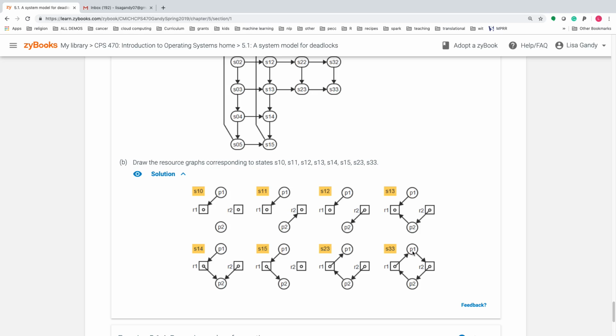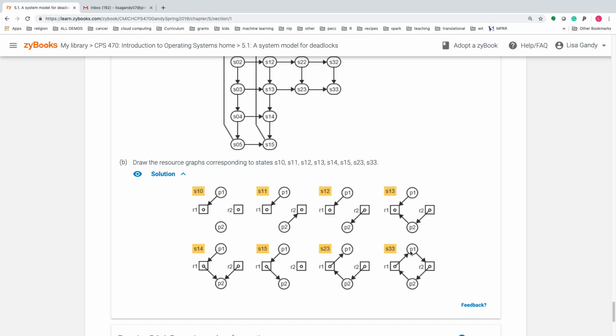R1's requested P1. R1's been allocated P1. No, wait, my brain. R1's requested P1, R2 has been allocated P1. Am I opposite? When the arrow goes from the resource, it means it's given. Yep. Resource 1 has been given to P1. P1 has requested R2.